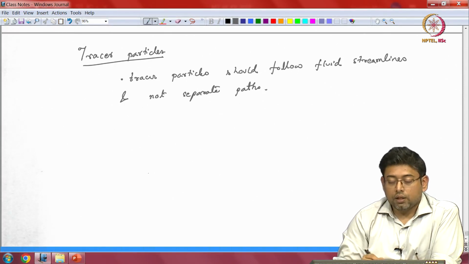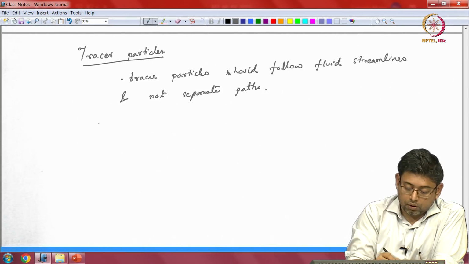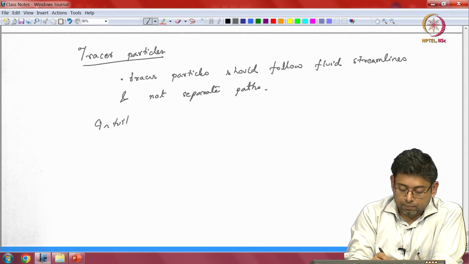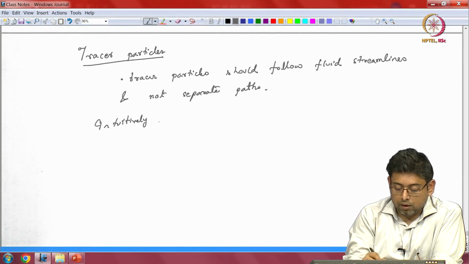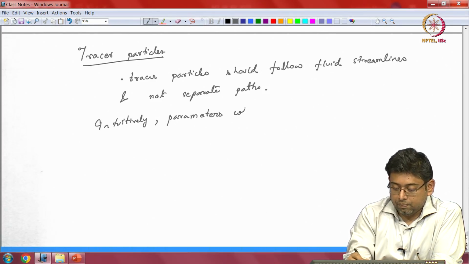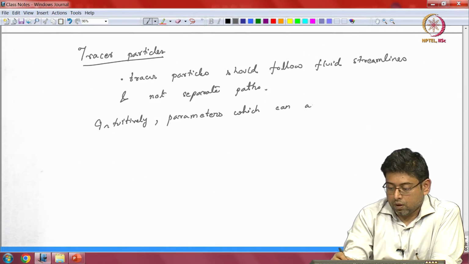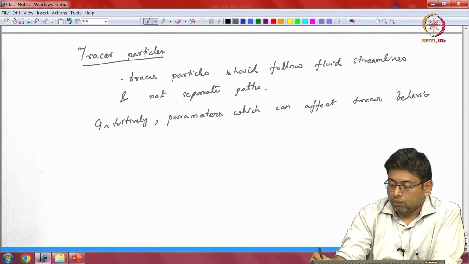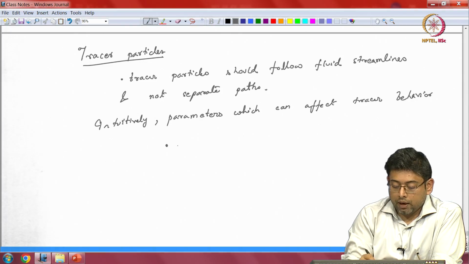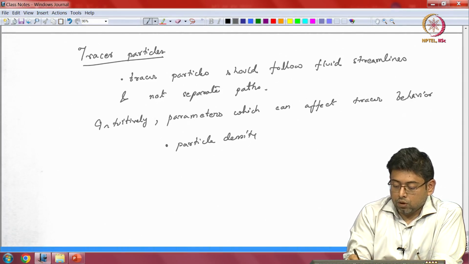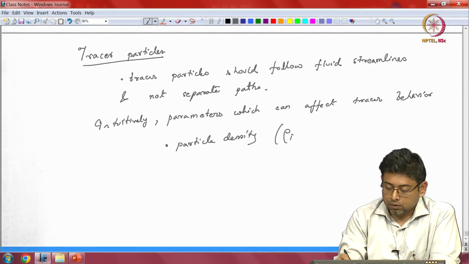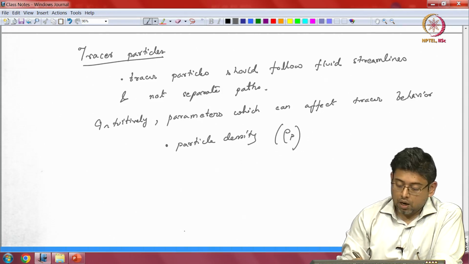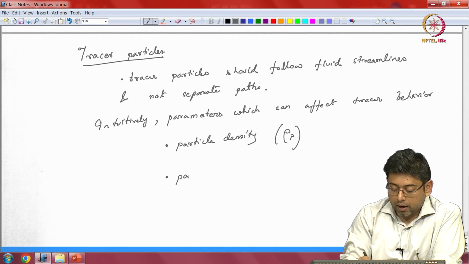So, intuitively, what are the things that can affect this? Intuitively, the parameters which can affect tracer behavior would be particle density, so my rho p of the particle or the tracer, and even the size of the particle, so particle diameter.